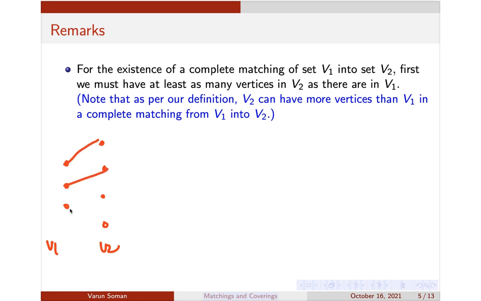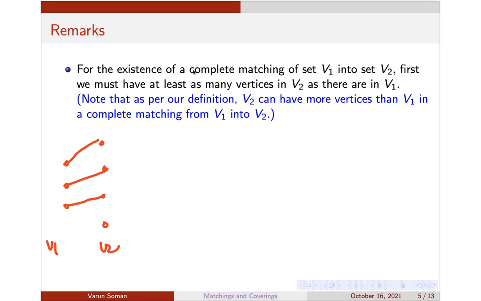That means there should be at least as many jobs as people. Only then will every person get a job. So V2 should have at least as many vertices as V1. Only then can we match them.